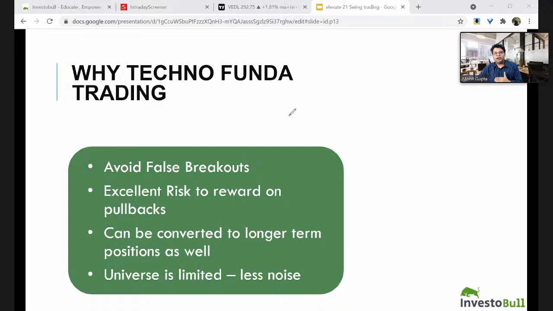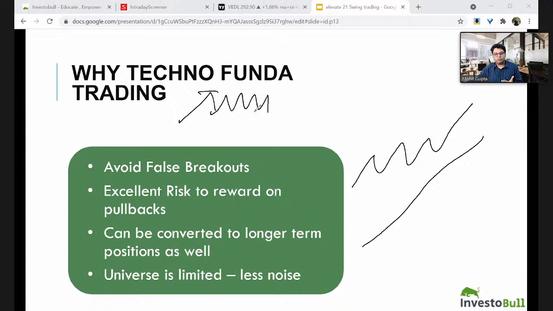Now the basic premise of techno funda trading is that in fundamentally sound companies, breakouts are going to happen. Why? Because those stocks are going to rise eventually, though there will be swing moves. If fundamentals are not sound, those breakouts are probably going to fail, or the stock goes into sideways movement.